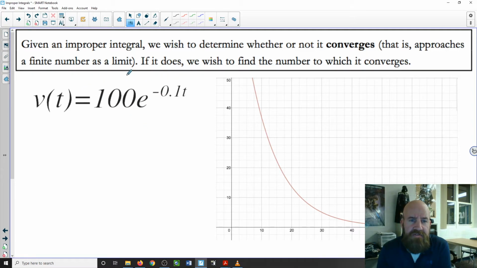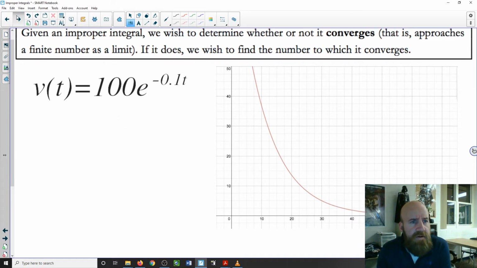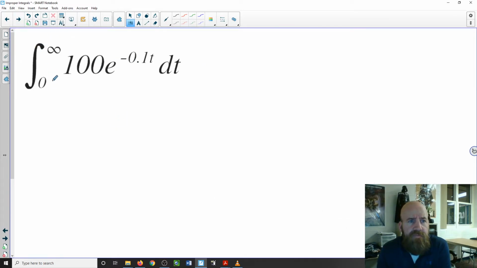This equation is given to calculate that. After a certain amount of time, what is the velocity of the car? So we'll set up an integral from 0, the instant I let off the accelerator, to who knows when. We want to see if the car stops, or does it keep going.